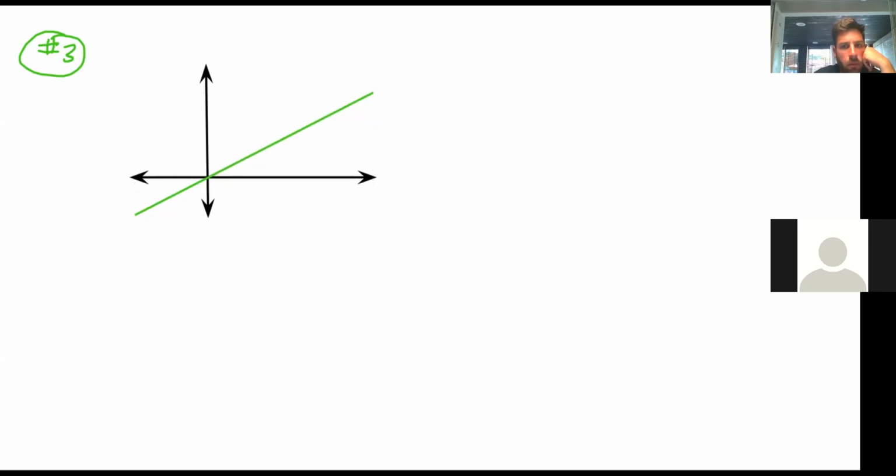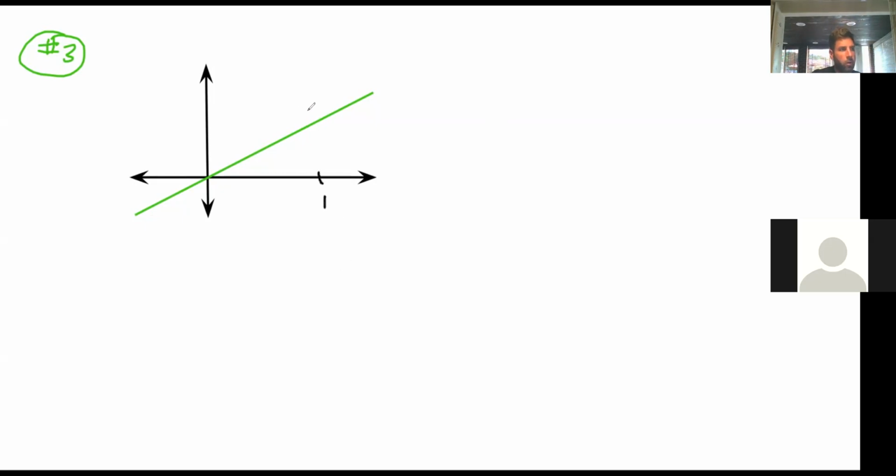Here you have the line 1/4 x. When you plug 1 into this, we're worried about this particular region.